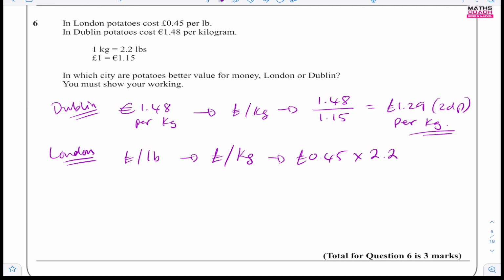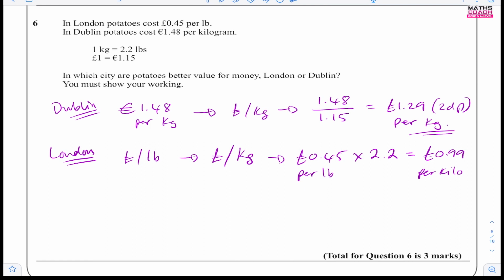Remember, 0.45 is the price you pay per pound in weight. So by multiplying by 2.2, you are converting the price that you pay in kilos. And that gives us 0.99. So 0.99 per kilo is the price of potatoes in London.